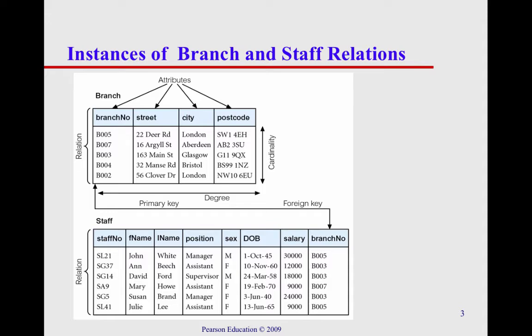And that way we don't have to redundantly store information in our relations. So we could conceivably have stored the street address and the city and postcode for branch 5 right here in the staff relation, but then we would have redundant information. We would have stored street, city, and postcode in two different places, so we don't want to do that.